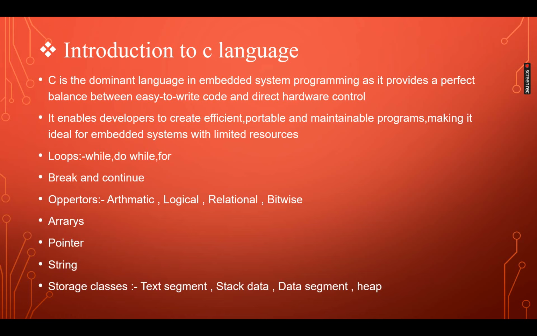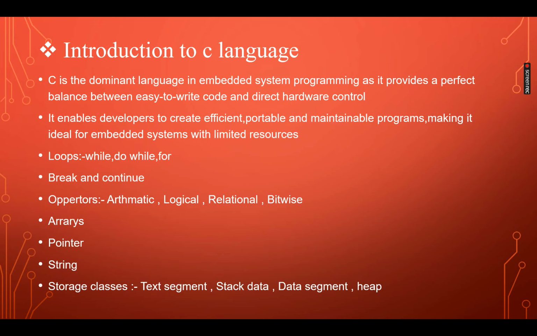It is easy to write and easy to combine with hardware. It enables developers to create efficient, portable, and maintainable programs, making it ideal for embedded systems with limited resources.